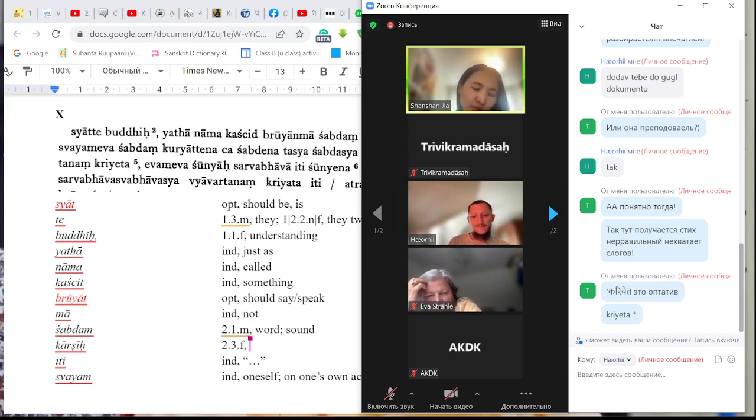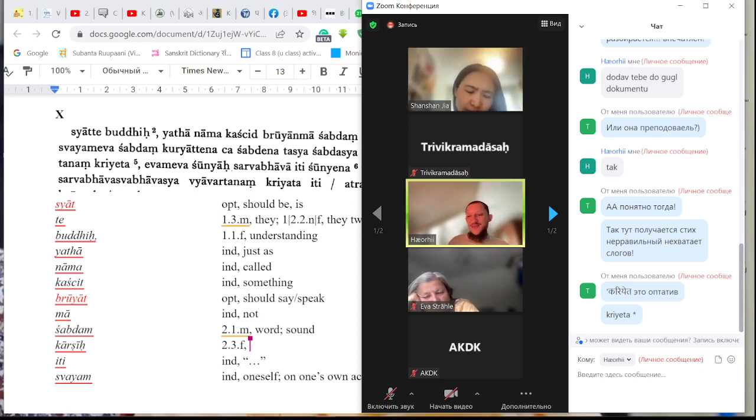That part we have no problem with. But whenever you see a yatha sentence, you have to understand that by itself it cannot be a complete sentence. It has to be picked up by something else. So what could it be? I found that kriyata could be an optative, passive, karmani, right?